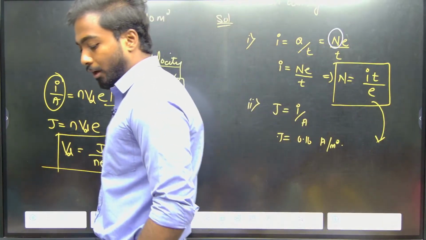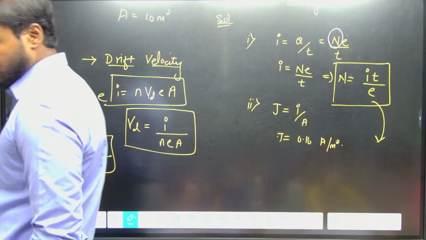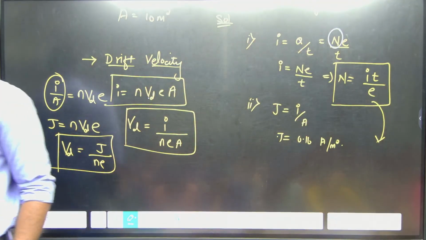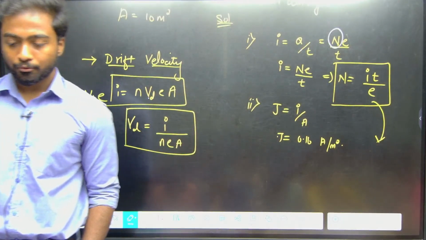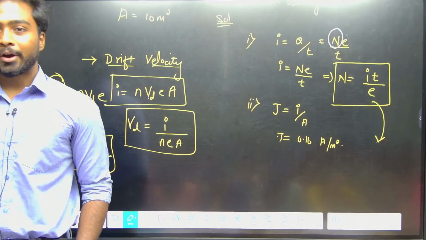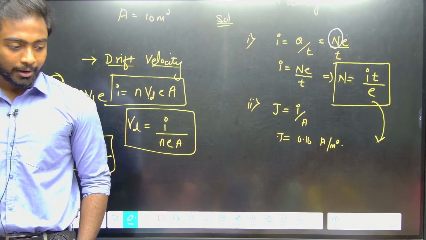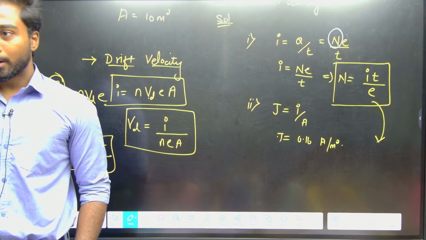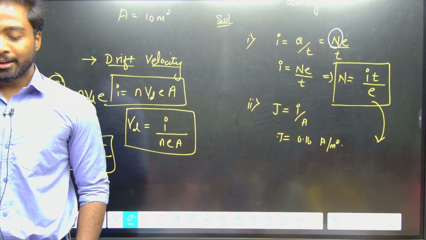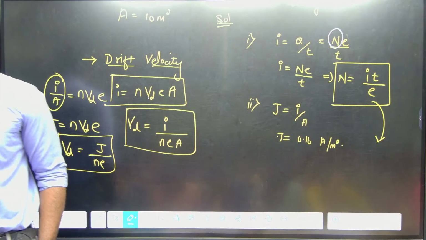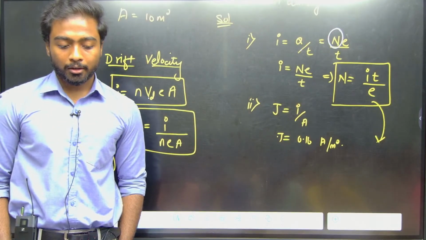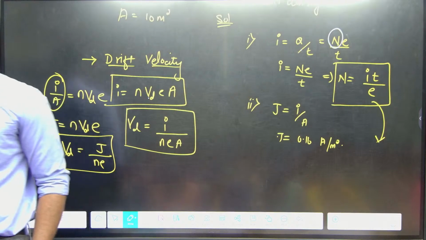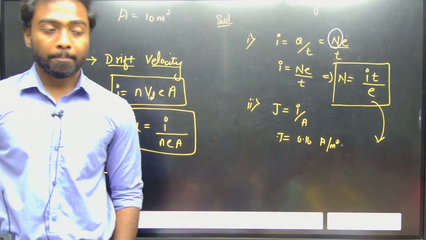Find the drift velocity of electron, where n is equal to 8.5 into 10 power 28 per meter cube.